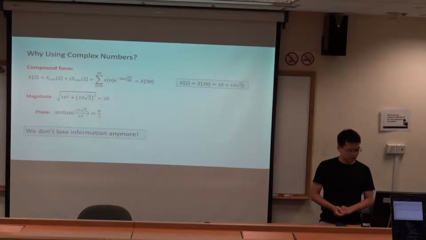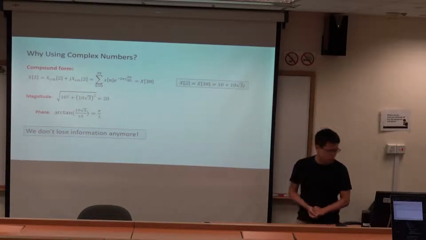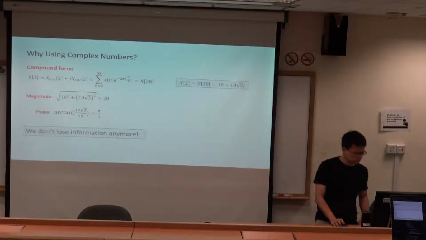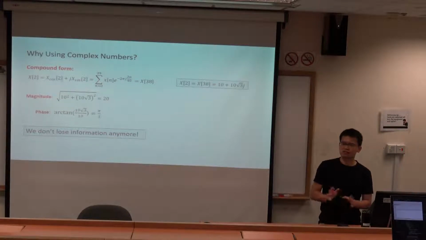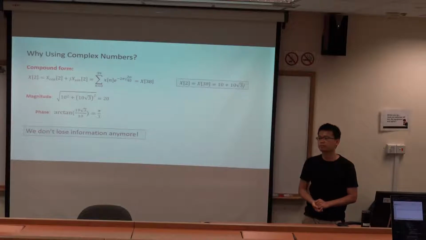Well, I actually have one question to ask you. If you remember, capital X of cosine is actually the correlation between the original function and the cosine basis, which oscillates twice in 40 or capital N samples, right?